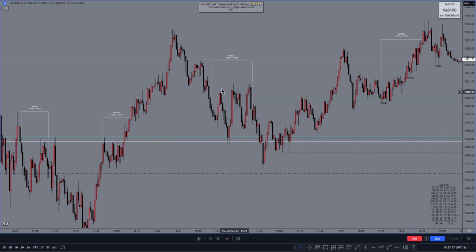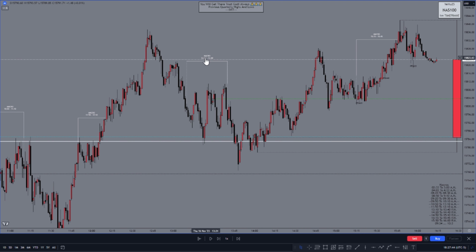So turtle soup, breaker, fair value gap, inversion fair value gap, you can sell here. It's a good macro to sell or buy. It depends on the bias. You need to know if the chart is going down or if the chart is going up. So another expansion macro and turtle soup macro.